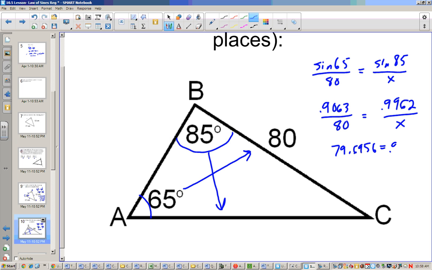Multiply those, 0.9063x. Divide that by 0.9063. And my value for x is 87.9. And that's this side over here. So we can use the law of sines. It works really well when the triangle is not a right triangle. Let's try another one.